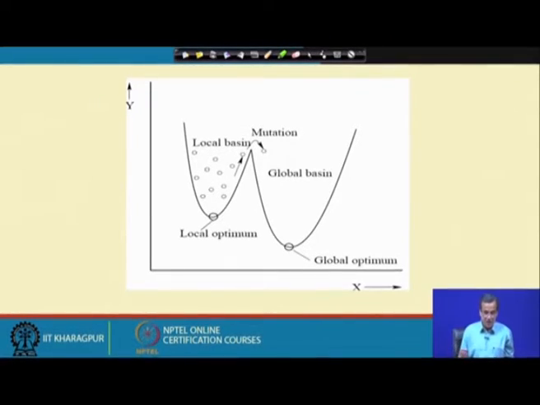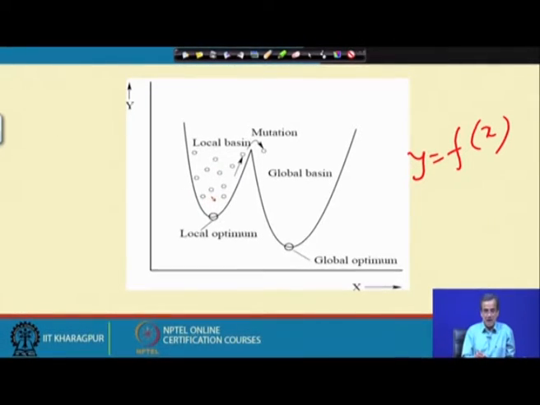Let me take the example of a function having only one variable. Here, say y is a function of only one variable, f of x. Now, if I plot it, and suppose I am getting this type of local basin and that type of global basin. Now, in genetic algorithm we start with a population of solutions selected at random.